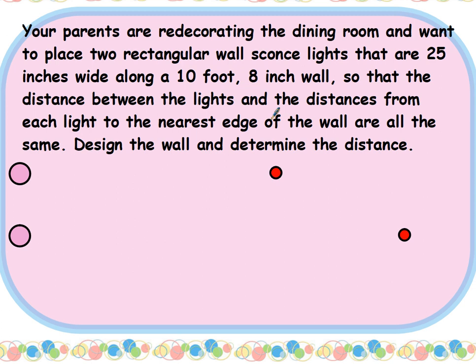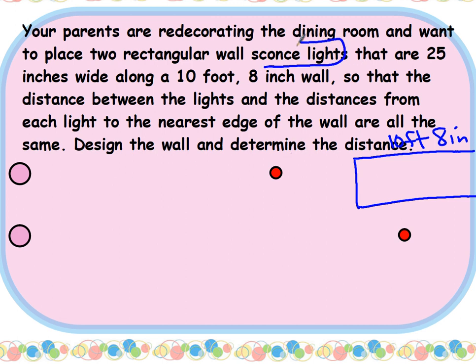So on this one, we do have that drawing, right? So I'm going to go ahead and draw it right over here. So here's our wall. And we know that the total wall is 10 foot 8 inches. And we know that these wall sconce lights are 25 inches wide.